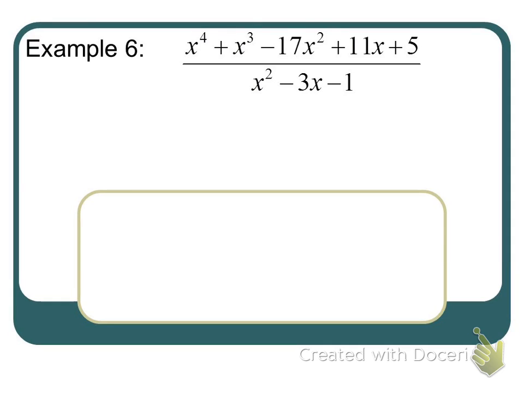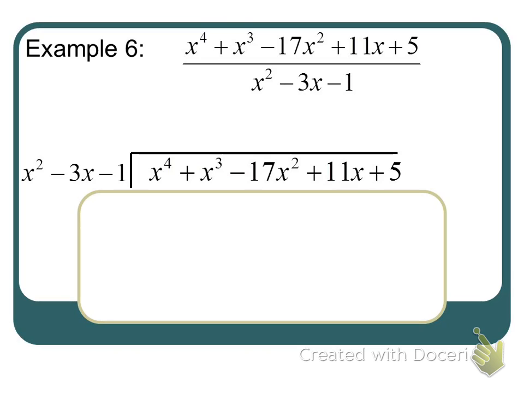So x to the fourth plus x cubed minus 17x squared is being divided by that. Same game here, Noah. We're just trying to chip away one term at a time. So the first term we're going to deal with is the x to the fourth. X squared divides into x to the fourth, x squared times. Then you distribute, subtract.